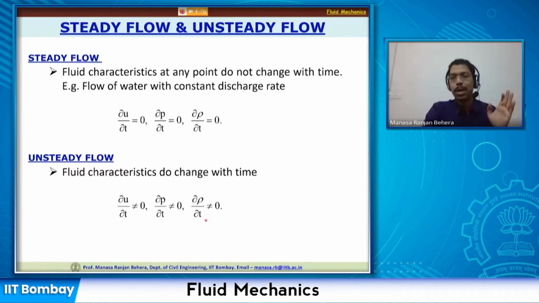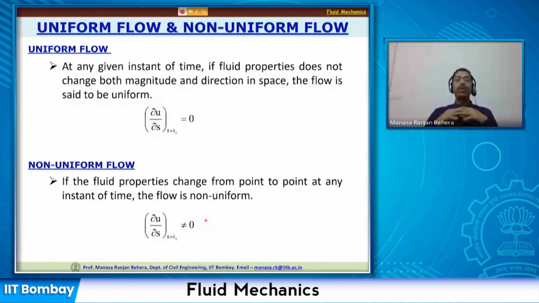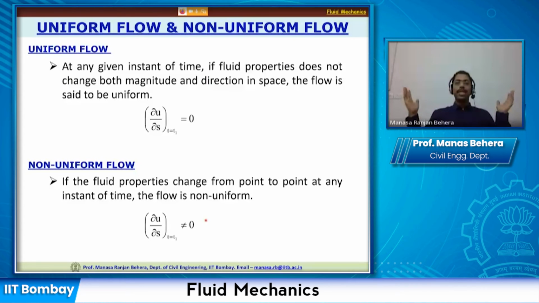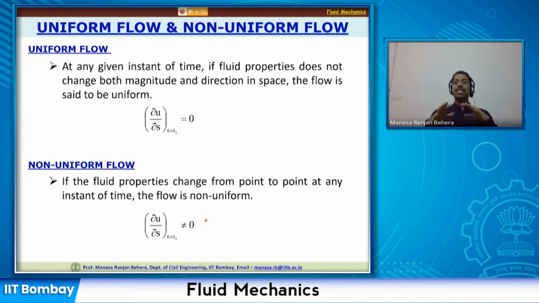All right. Similarly, if we talk about uniform and non-uniform flow, similar to the previous one, here it is with respect to space. Now, if I say the whole room that I'm sitting in is at a temperature of 30 degrees, it is uniform everywhere. Let us say a class is wearing some red color dress, so it is uniform.